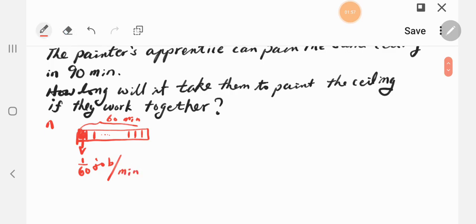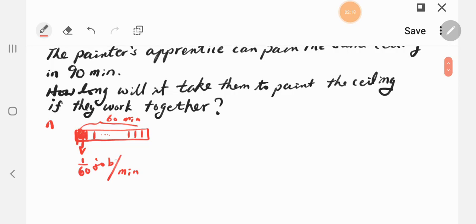Can you see it? Let's say this one rectangle is one job, one ceiling. Since it takes 60 minutes, divided into 60 pieces, each piece is the part that he can complete per minute. So this is the work rate.